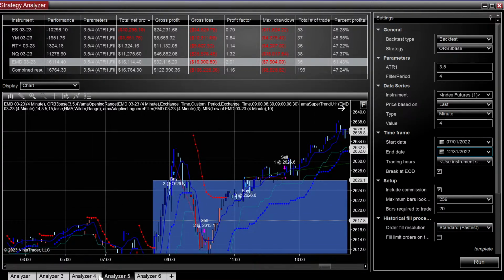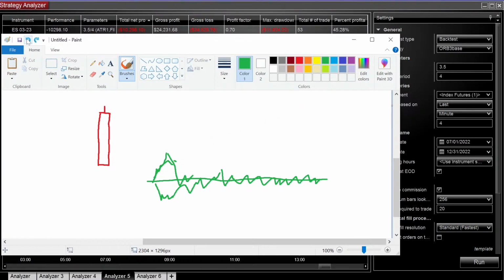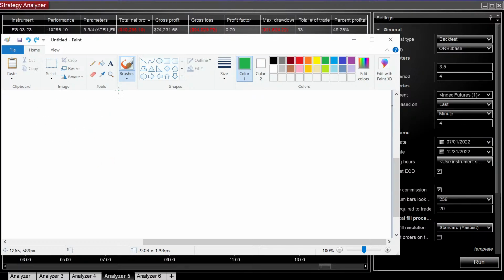So let me make an illustration that you might have missed in a different session. We're looking at just individual equity curves of our strategies. Let's say this is the equity curve of our ORB strategy right now. We have a different strategy that has an equity curve more or less break even, like this.